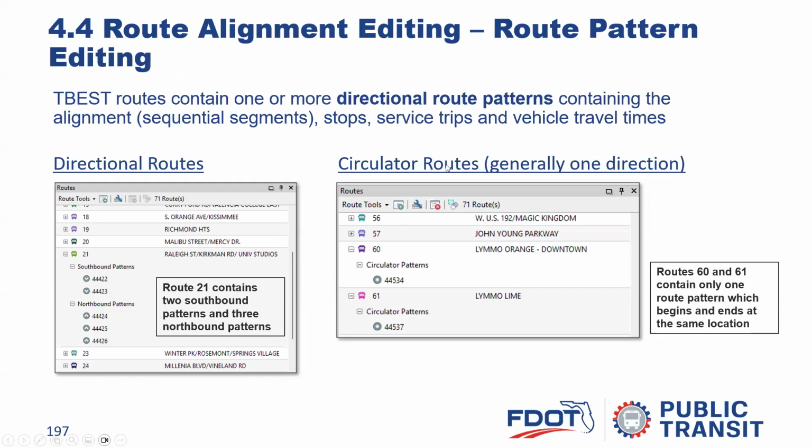Now, for circulator routes, the example here is the limo routes in downtown Orlando, which are circulator BRT routes. They really just have one pattern. It's just a circular loop. And the same with 61. In this case, there's just one pattern in one direction. So just so you know that TBEST manages that as well.